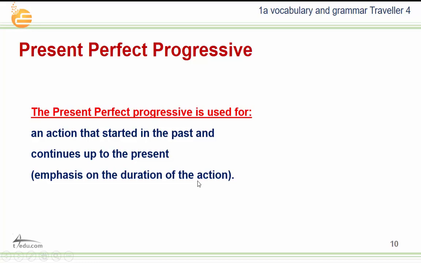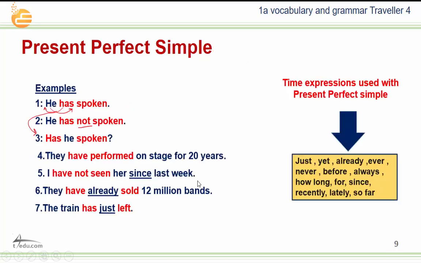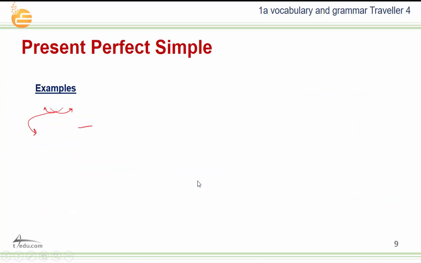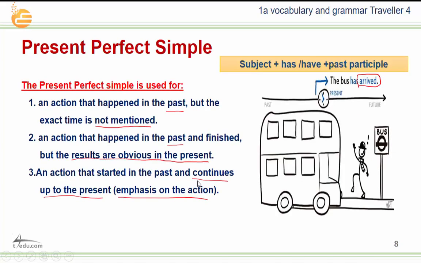Okay, let's go back to the previous slide, which talked about the present perfect simple, an action that started in the past and continues up to the present. This is present perfect simple, but here the emphasis is on the action.